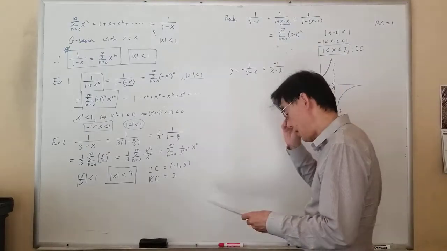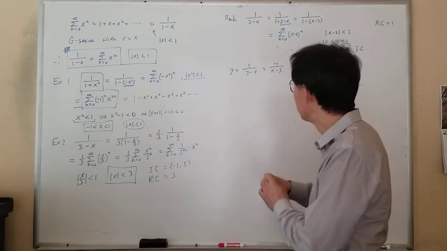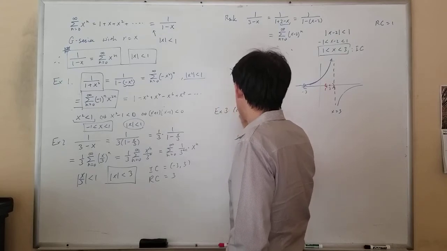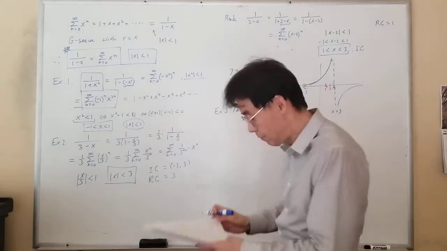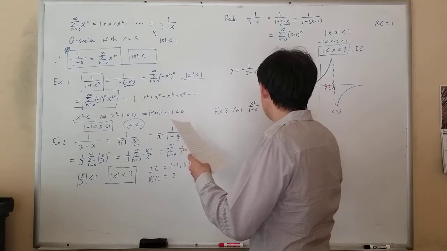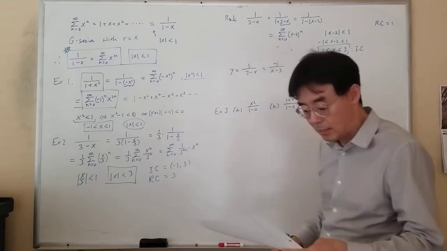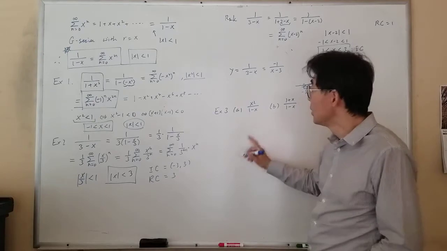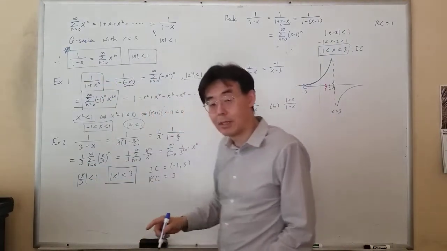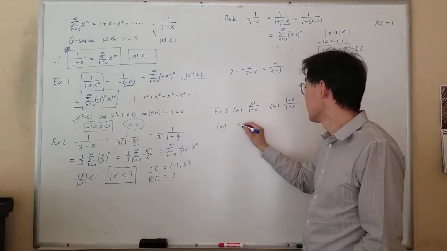Okay? Now, example 3. A: x squared over 1 minus x. B: 1 plus x over 1 minus x. Let's do A first. These are all based on the simple formula for the sum of a geometric series. Now let's take a look at this.